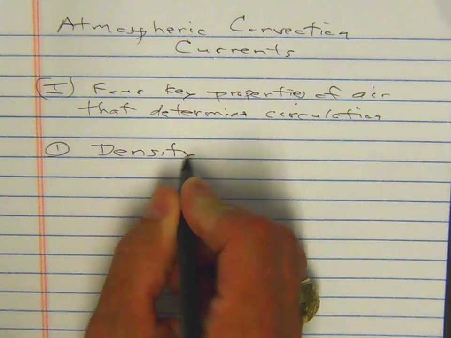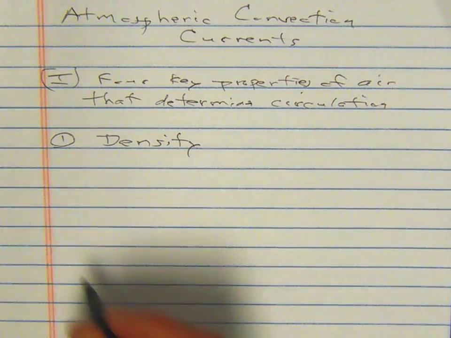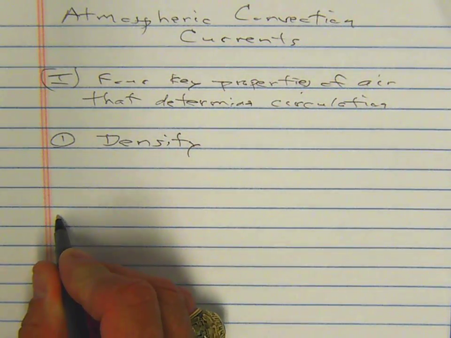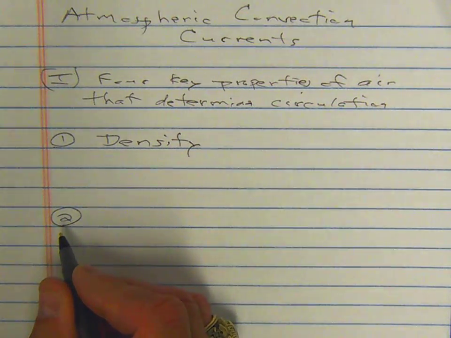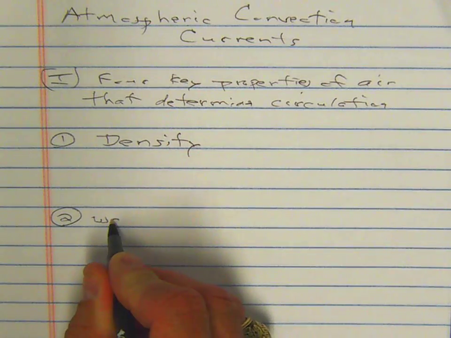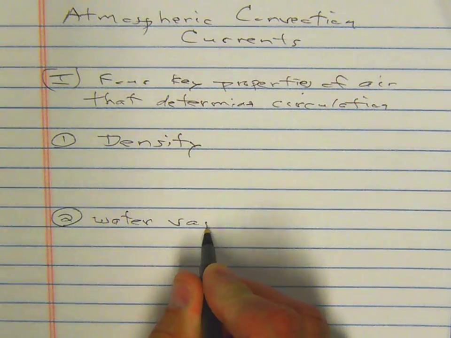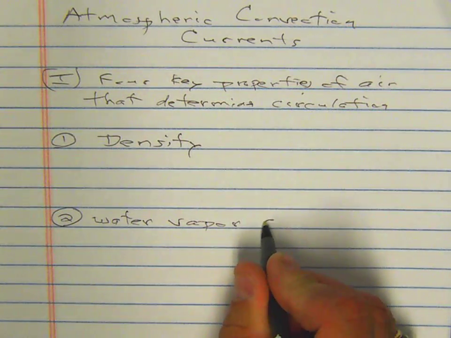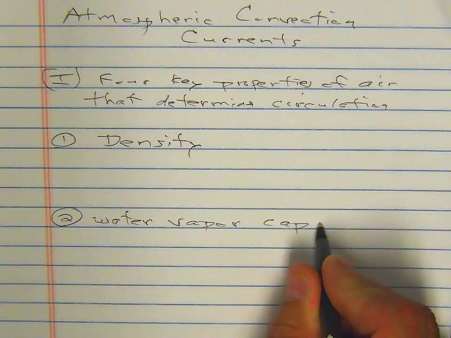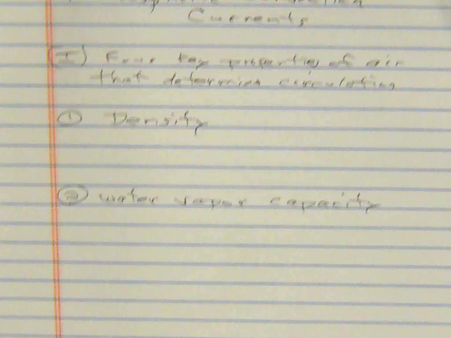I'm going to space these out as I list them so I can put some annotations in between. The second one is its water vapor capacity.